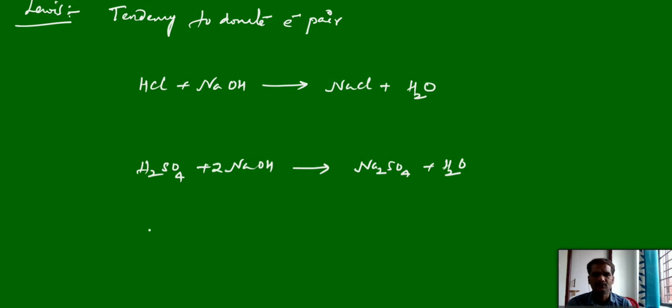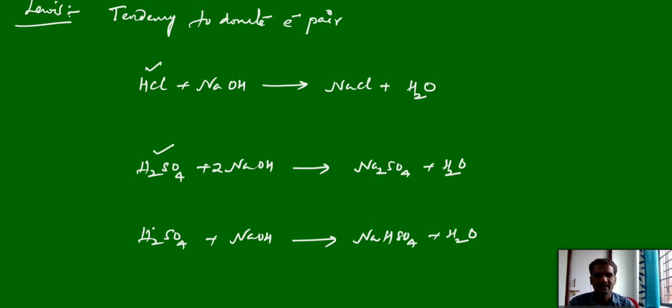But if I take the same H2SO4 and 1 mole of NaOH, then in this case I will get sodium bisulfate plus water. Now come back to acidity and basicity. If I ask what is the acidity for HCl and what is the acidity for H2SO4 in this particular reaction.